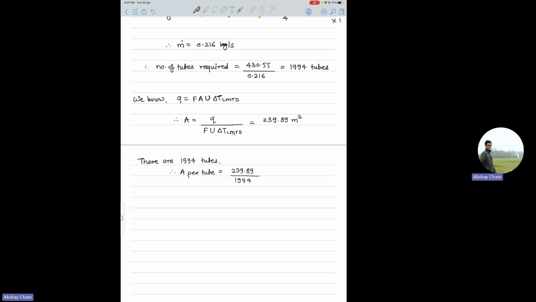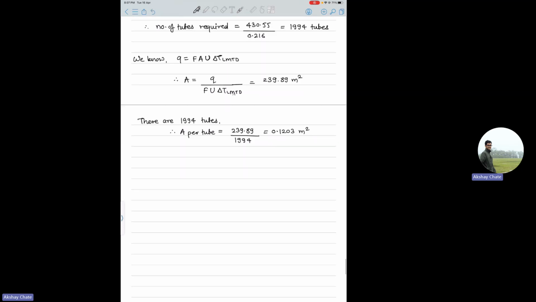So that is 0.1203 meters square. Now the area per tube will be nothing but equal to pi d O into L, right? D O is the outer diameter.